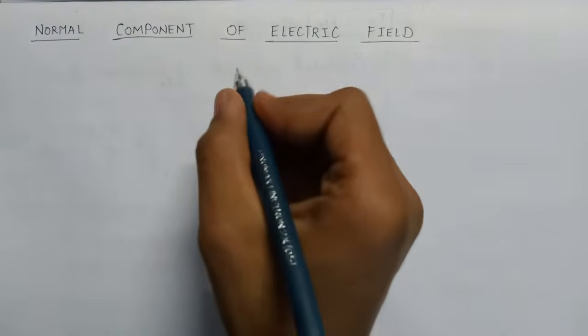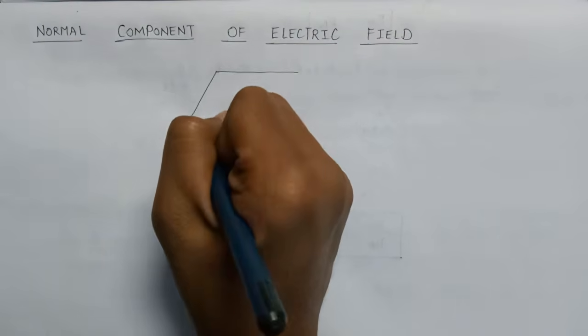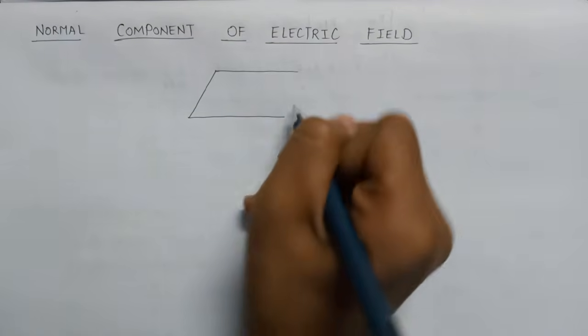Now let us have a look at the normal component of electric field. So for evaluating the normal component of electric field, let us discuss about the surface.